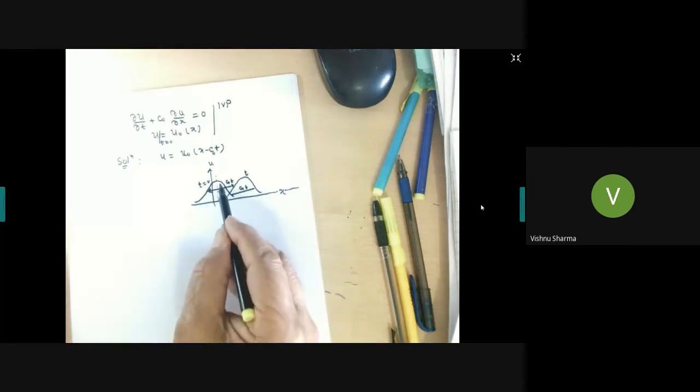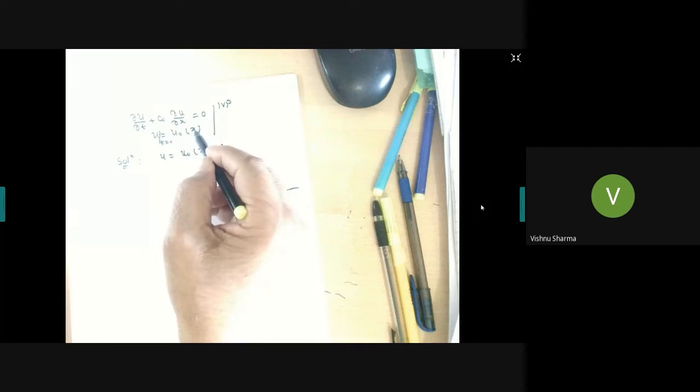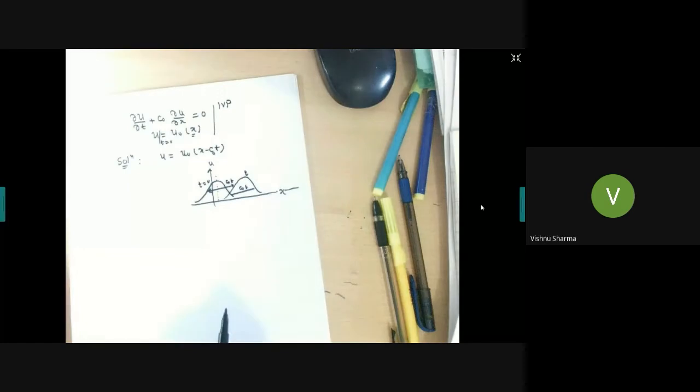Each point on the profile, the solution can be obtained from the initial profile just by displacing each point a distance c naught t towards the right.